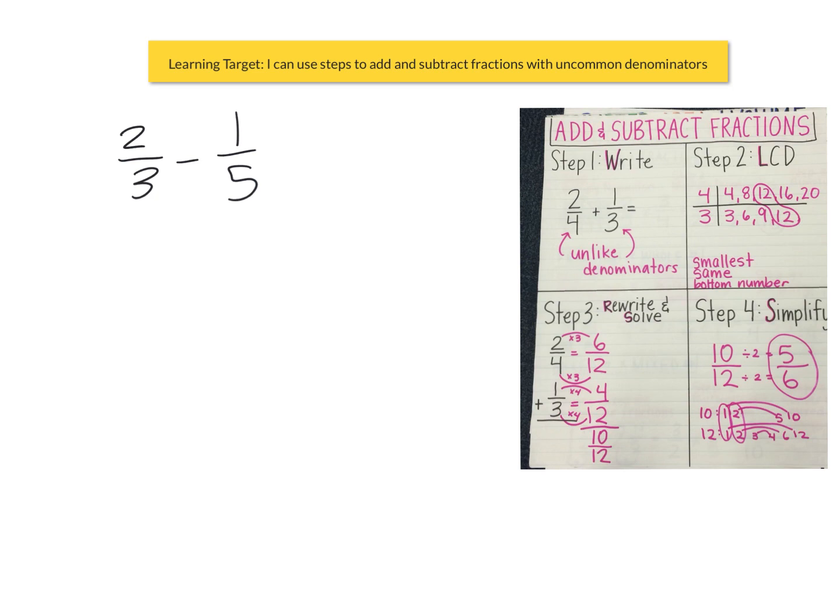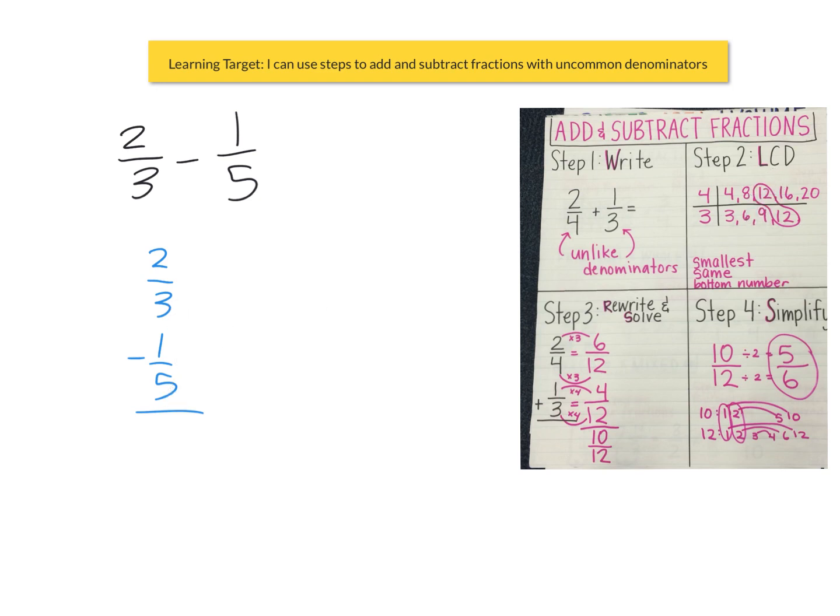Let's do another example. So again, we're going to use these steps to be able to subtract these two fractions. So 2/3 minus 1/5. My first step, I want to stack my fractions. So I'll just rewrite them like this, 2/3 minus 1/5. And I need to find my least common denominator.